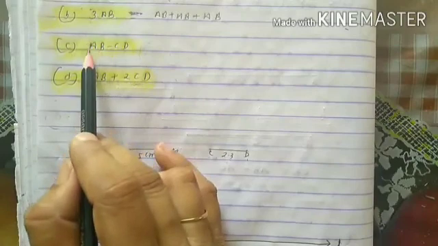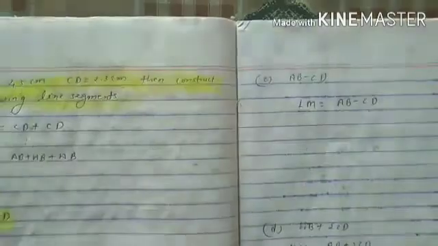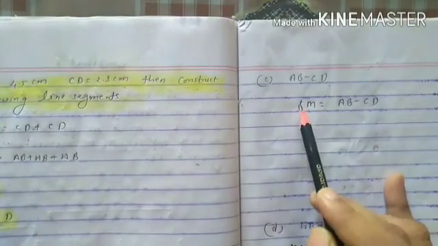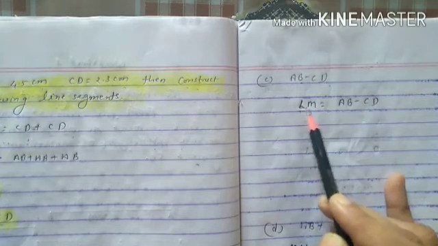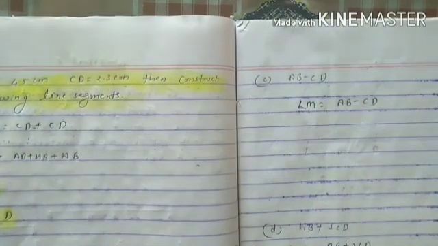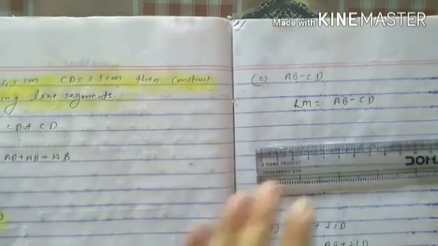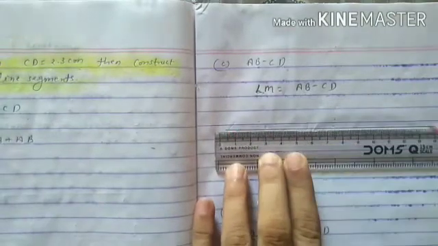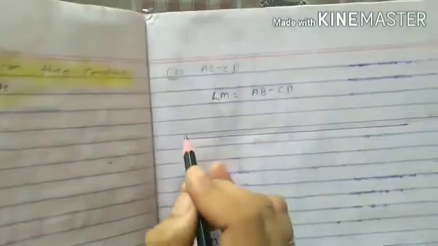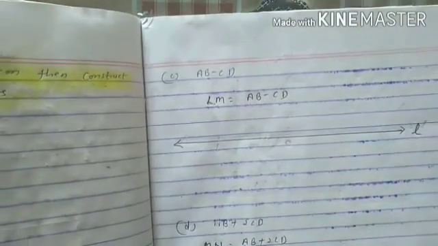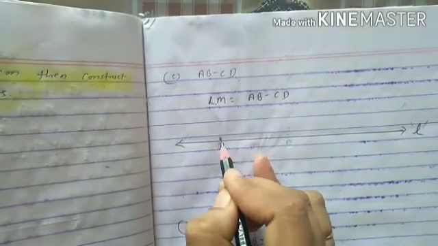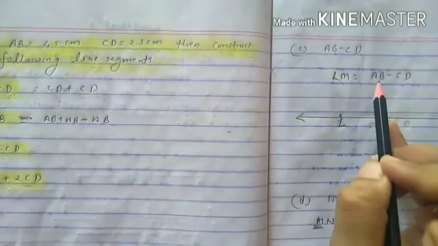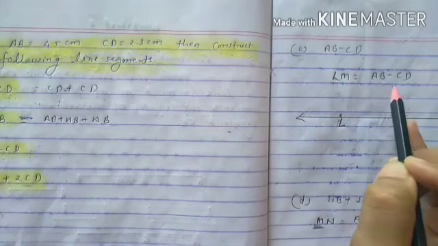So construct AB minus CD. Let us construct AB minus CD. So take a line segment LM which is equal to AB minus CD. So for this, draw a line and give it the name L. Take a point L on it. Now we have to find the difference of AB and CD.